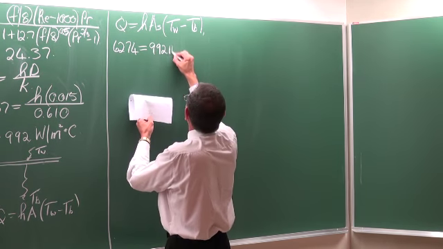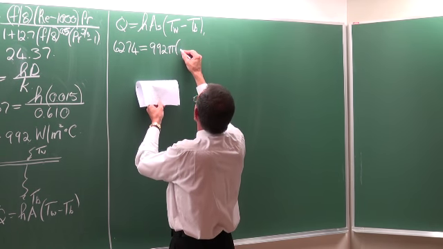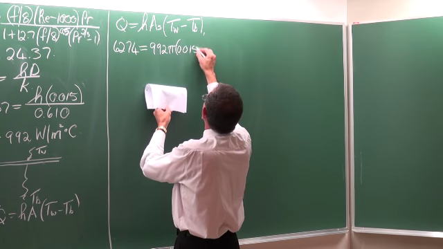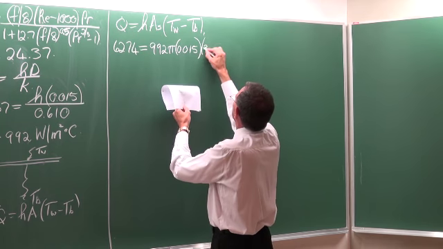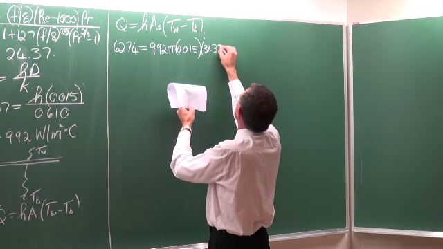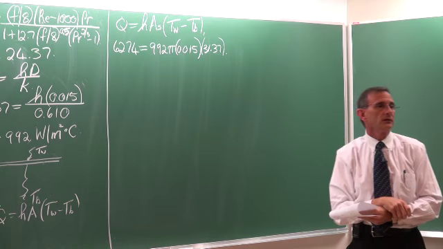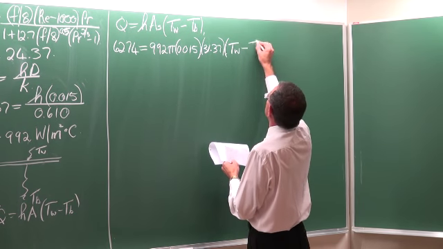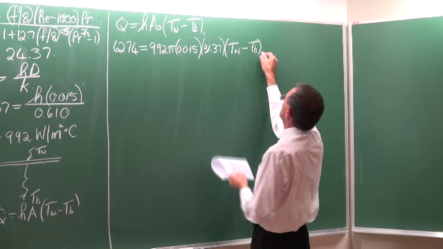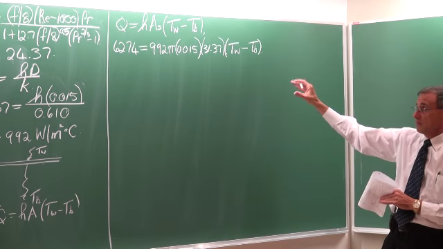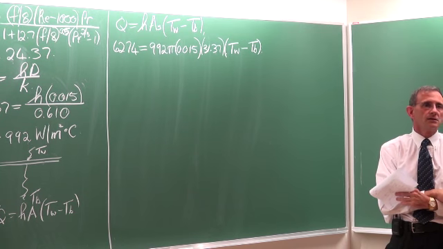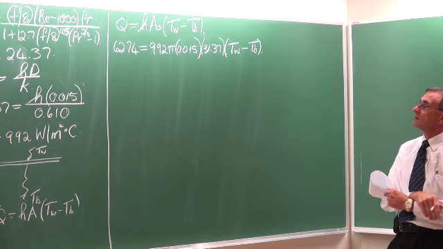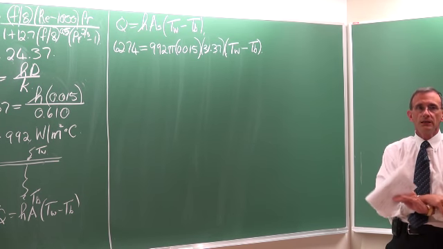So it is equal to pi multiplied by 0.05 multiplied by 31.37. And T_W minus T_bulk. So I'm just going to solve for the temperature difference. You all happy with that?